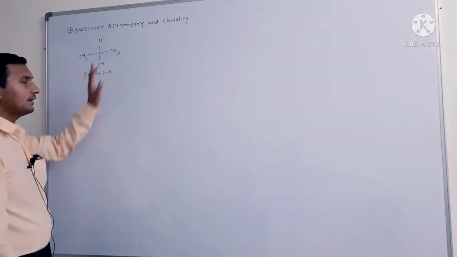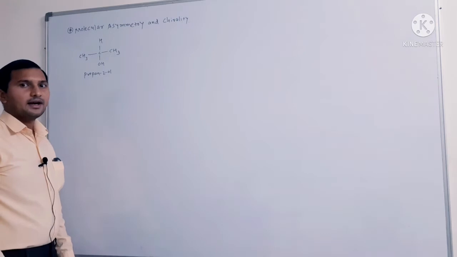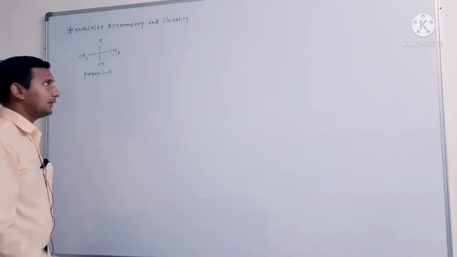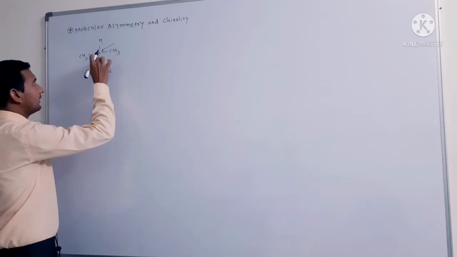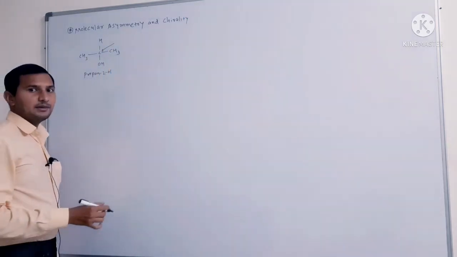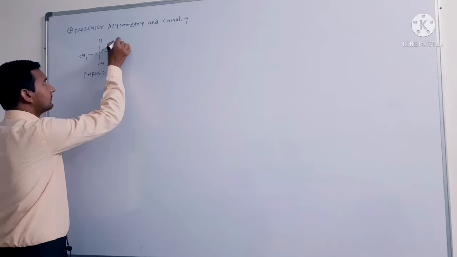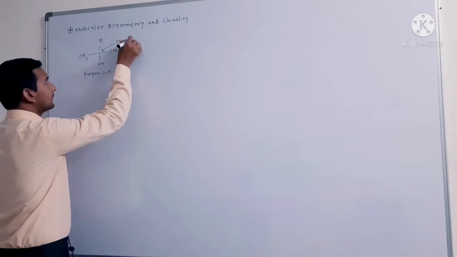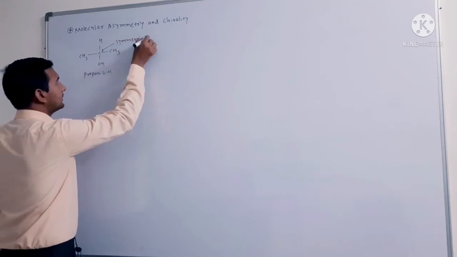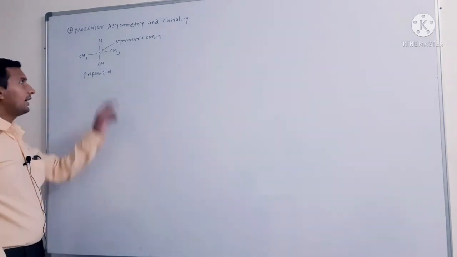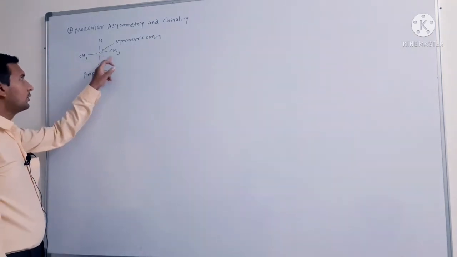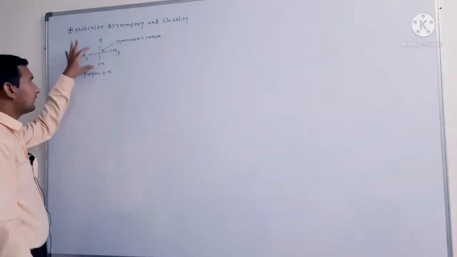CH3 and CH3, two identical groups, are present in this molecule. So this carbon is called a symmetric carbon. This symmetric carbon contains two identical groups and two different groups.